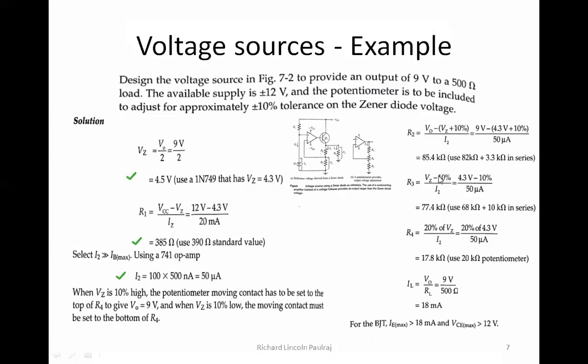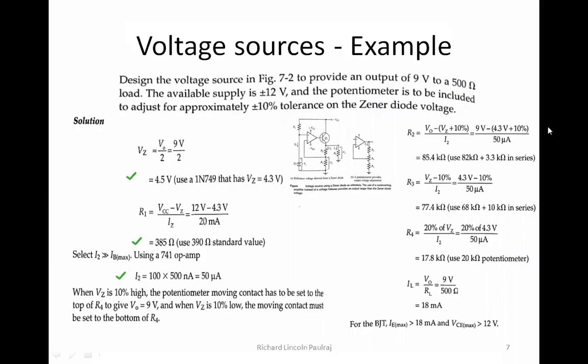Then that one you're going to divide by 50 micro. Yes, are we getting? Follow the procedure which I told. Then only you will get the values. If not, then you wouldn't.